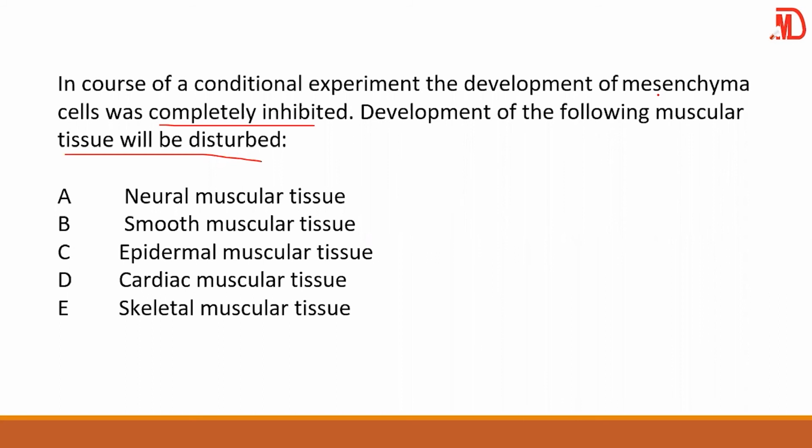When we say myogenesis, we're referring to the development of muscle tissue. So over here, we could be looking at smooth muscles. B will be more appropriate. Smooth muscular tissue. So your answer is B.